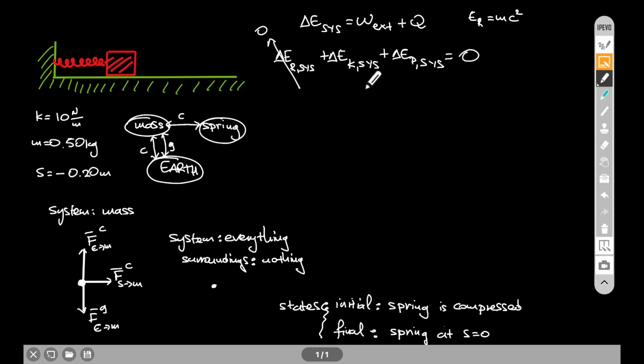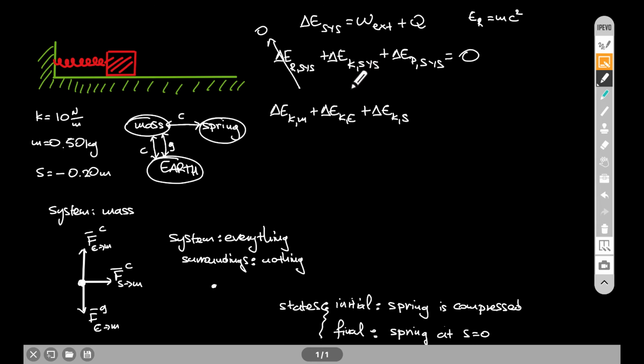Next, I will break the system into its components, the parts that it includes. For energy conservation, the system includes everything. So, for kinetic energy, I will have the change in the kinetic energy of the mass, plus the change in the kinetic energy of the Earth, plus the change in the kinetic energy of the spring.